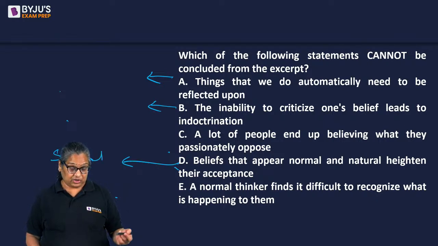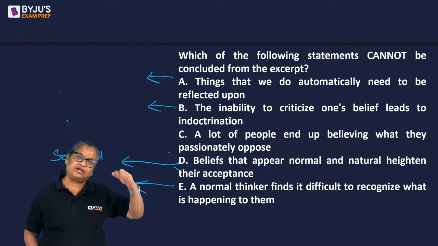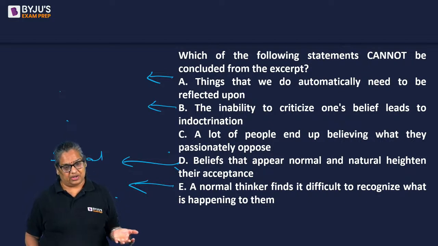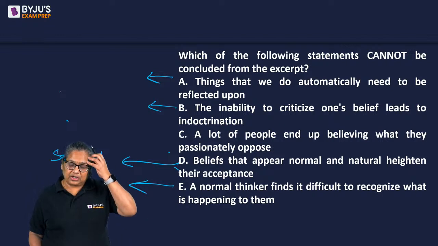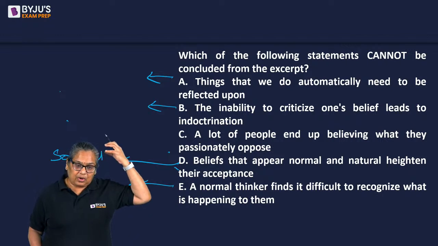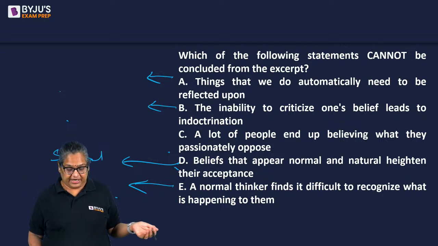Whatever is acceptable by society, whatever appears normal is okay. What is happening to them? Because you have not chosen what to believe, E is also possible. You are just indoctrinated into believing whatever you've been told. So you can't even recognize what is happening. Your mind has unconsciously accepted the indoctrination.